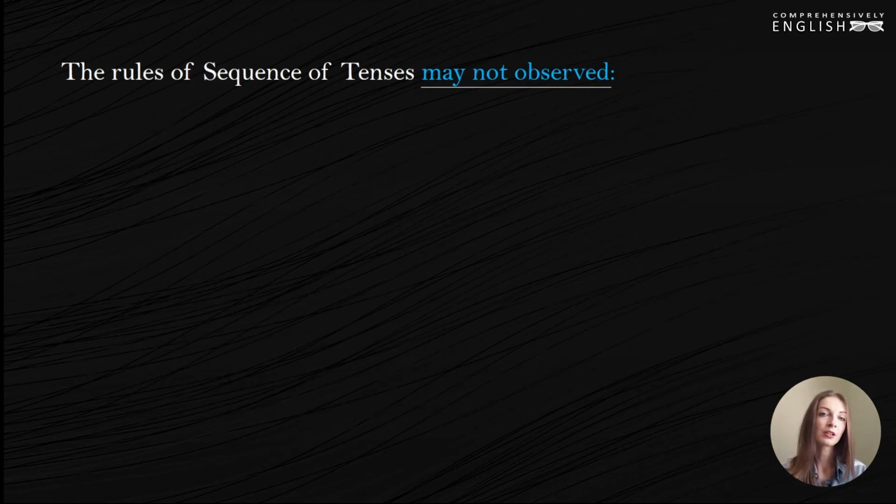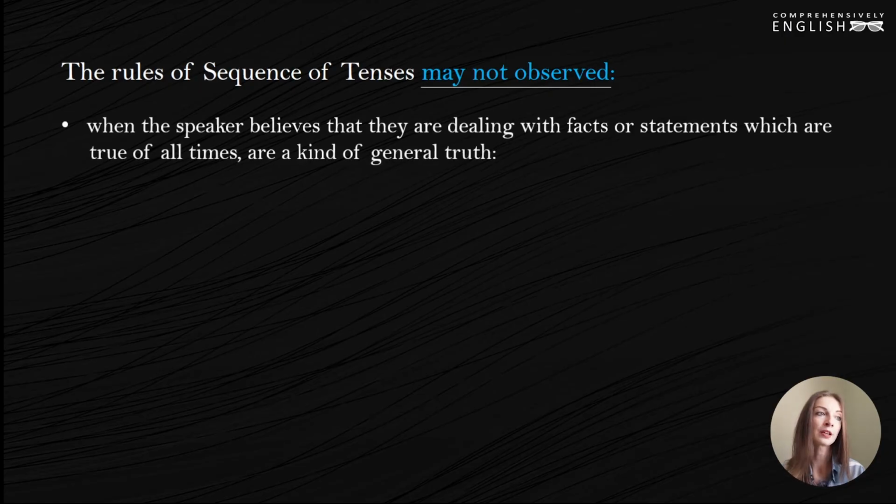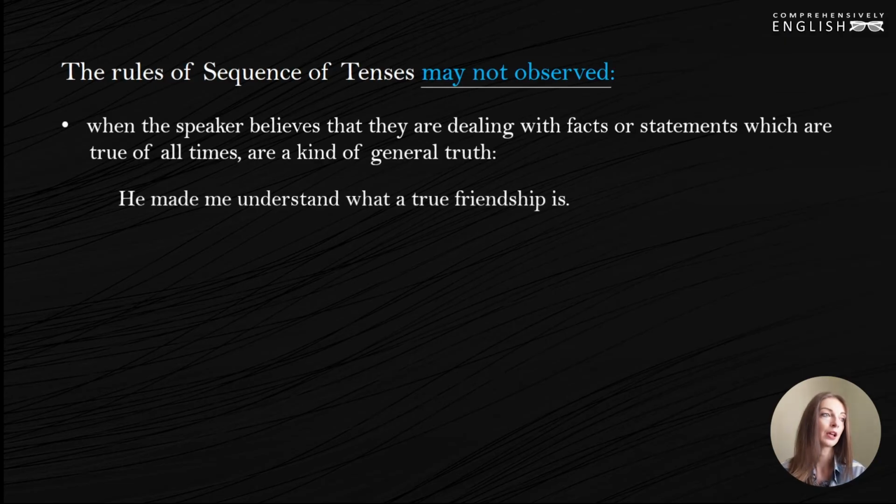Another situation in which you may not observe the rules of sequence of tenses is when the speaker believes that they are dealing with facts or statements which are true of all times, are a kind of general truth. He made me understand what a true friendship is. She knew that love cannot be bought.